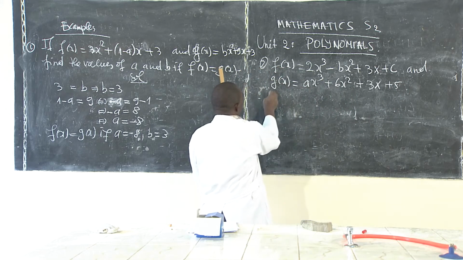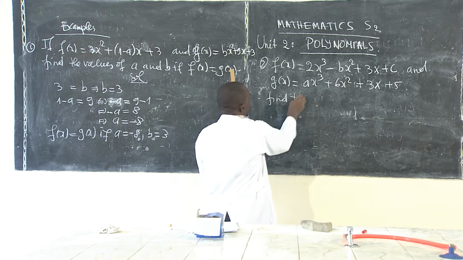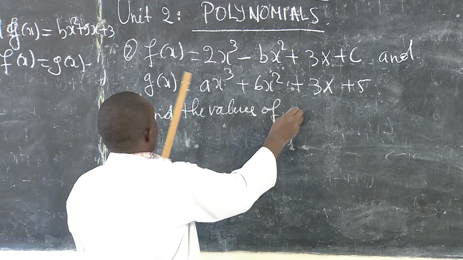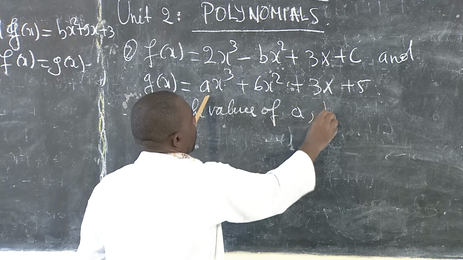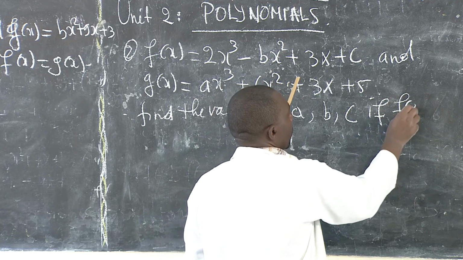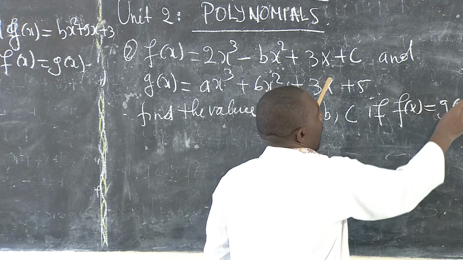Then find the values of a, b, and c if these polynomials are equal.